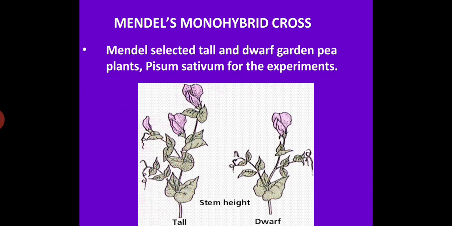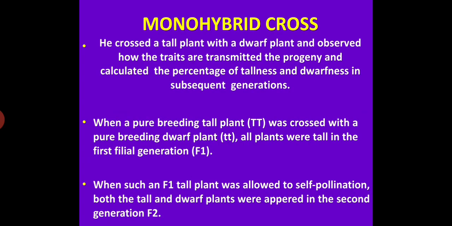For his monohybrid cross experiment, he selected pure homozygous tall and dwarf garden pea plants, that is Pisum sativum plants. He crossed a tall plant with a dwarf plant, observed how the traits are transmitted to the progeny, and calculated the percentage of tallness and dwarfness in subsequent generations.